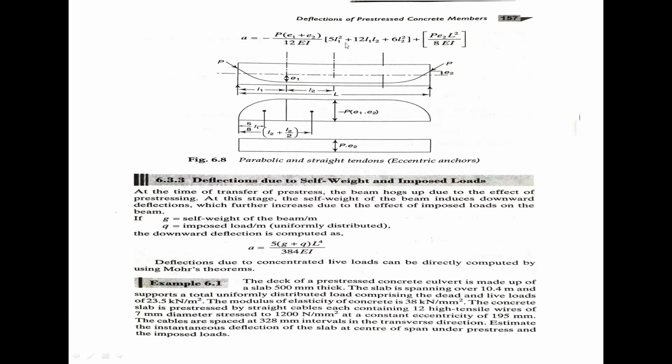Taking these, finally we get the parabolic equation. This is the capital A equal to minus P into E1 E2 by 12 EI into 5 L1 square plus 12 L1 L2 plus 6 L2 square plus P2 L square by 8 EI. This is the formula for deflection. We use it for calculating the deflection for parabolic and straight tendons with eccentric anchors.